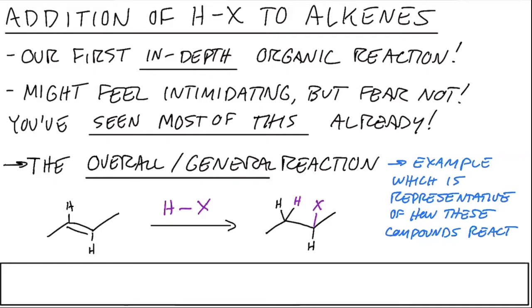And so when I say X, that's any halogen, right? So that can be fluorine, chlorine, bromine, or iodine. That's the generic version of a halogen. So we get a product that looks like that.